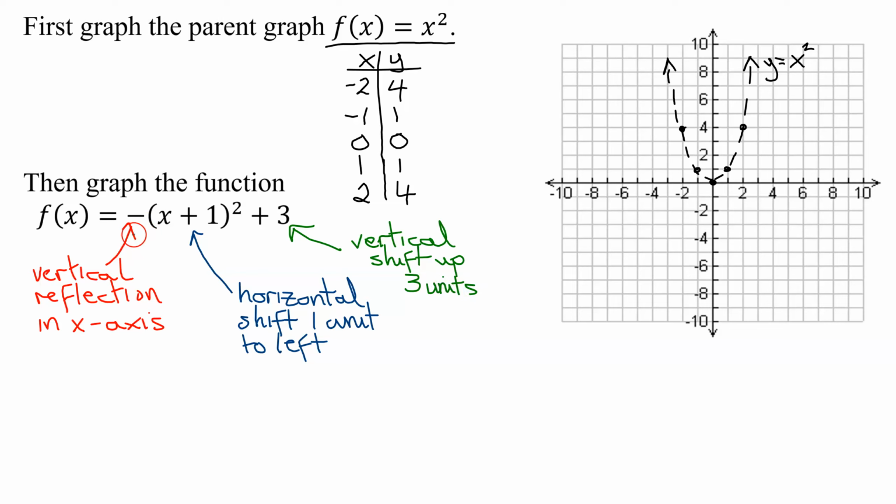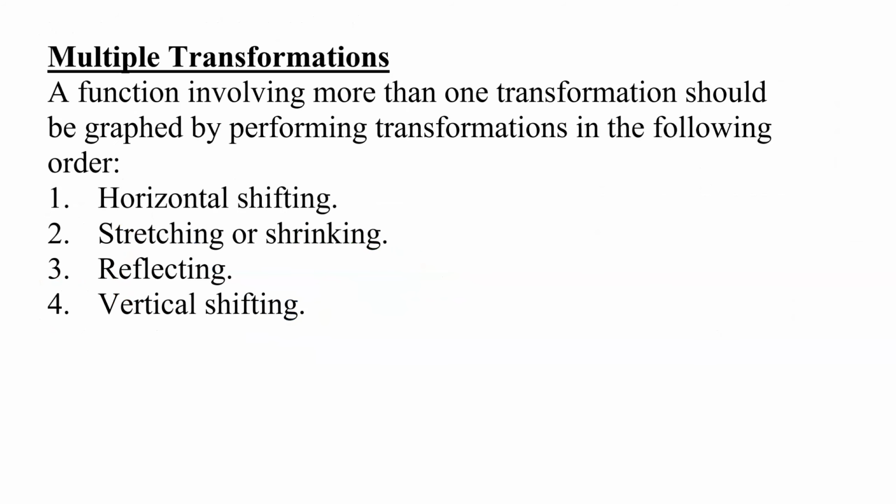So now we know the three effects, but we have to do them in the correct order. So let's look at this slide for multiple transformations. They should be performed in the following order. So you horizontally shift first, stretch or shrink next, then reflect, and finally do the vertical shifting.